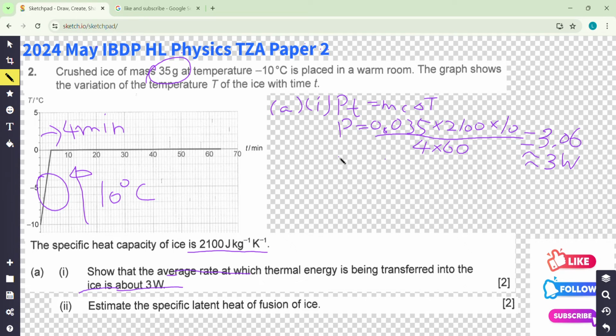Okay, next step. Estimate the specific latent heat of fusion of the ice. So how long does it take for fully melting? Look here, the time end here, and it is 64 minutes. So it takes 60 minutes to completely melt the ice. So PT equals mL.